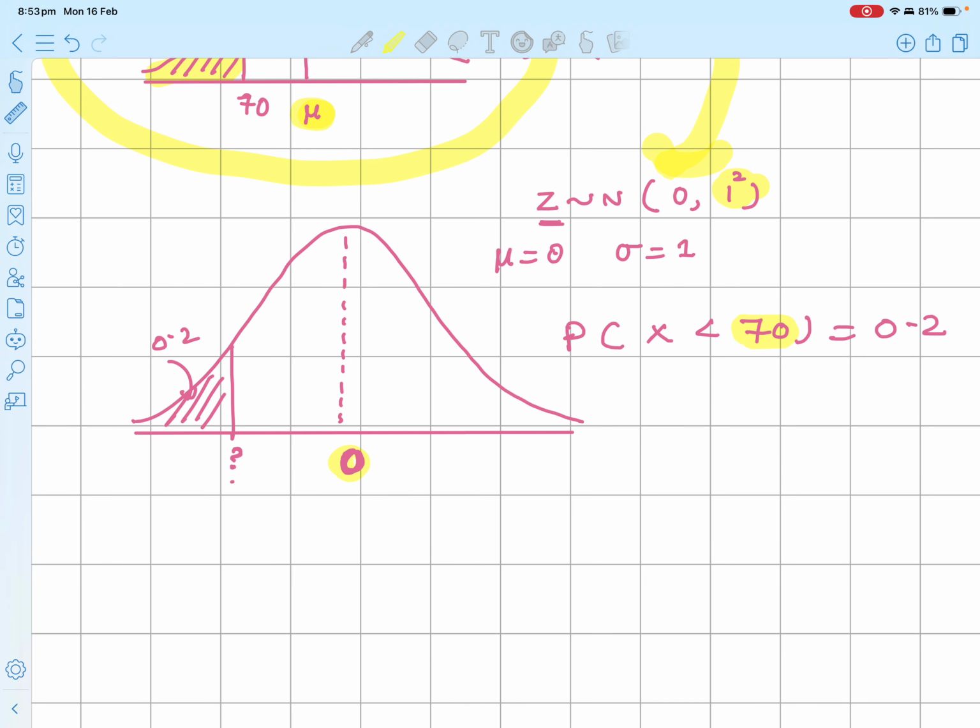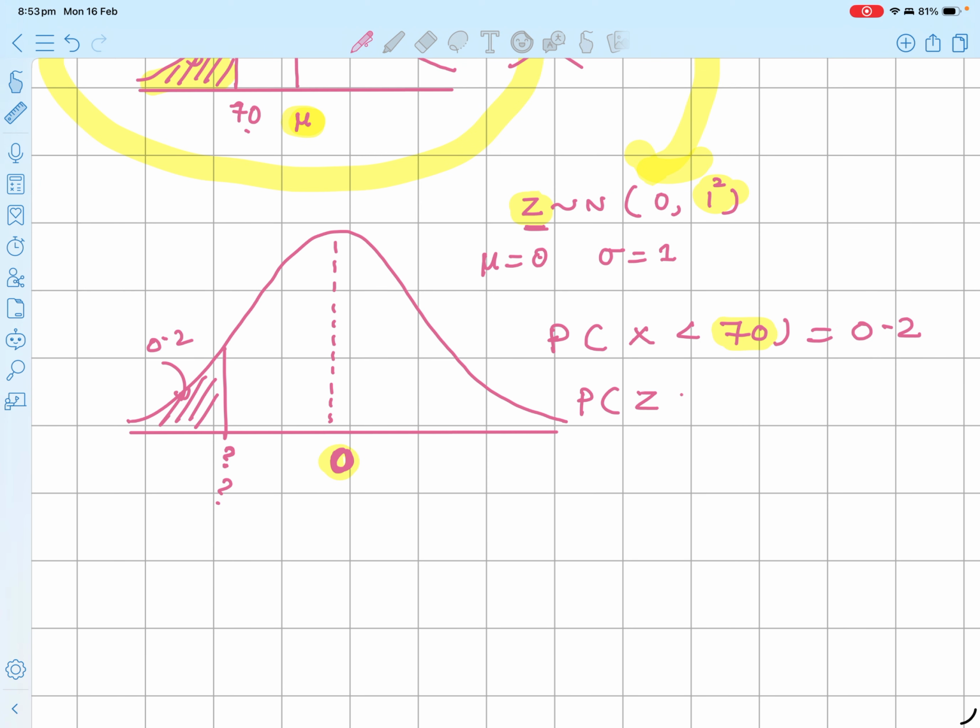In this Z, how would this 70 be? So let's say I don't know, because by looking at the curve, I don't know what 70 could have transformed into. So let's just say Z less than, let's say A for now. This is A. A equals 0.2.